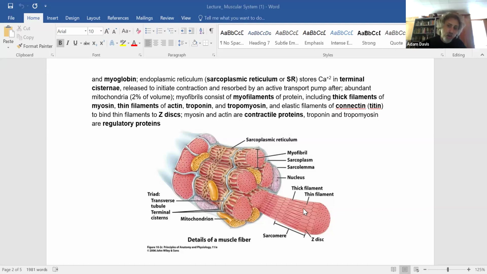The thin filaments, the paler lines you see in here, are made out of three motion proteins: actin, troponin, and tropomyosin.